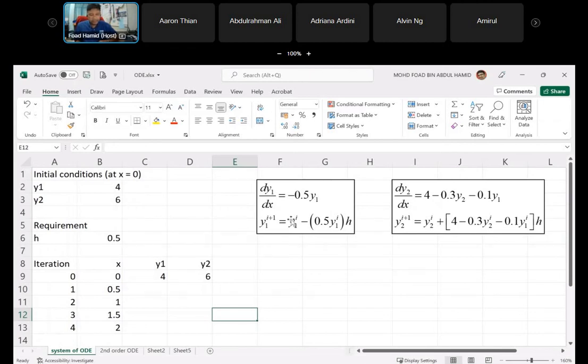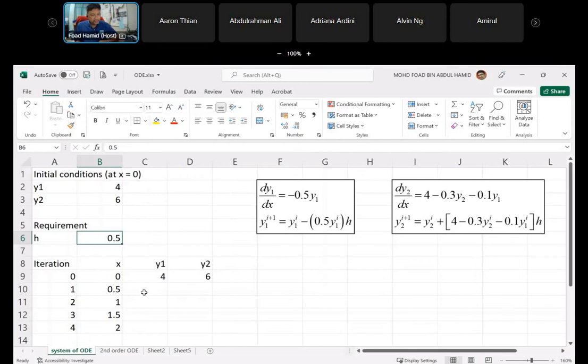So this is my y general formula. My iteration 0 is basically your initial condition: at x0, y1 is 4 and y2 is 6. This is given in the problem. Your h, or delta x, is just 0.5.